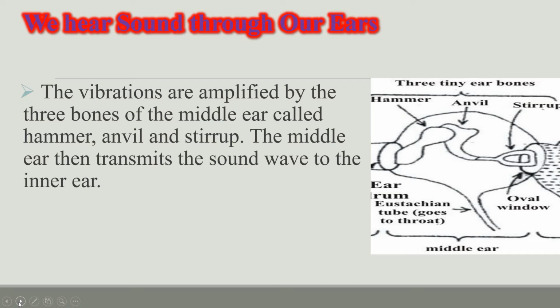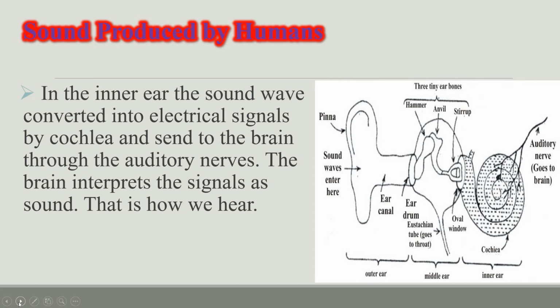The liquid that is present in the cochlea contains nerve cells which are sensitive to sound. In the inner ear, the sound waves are converted into electrical signals by the cochlea and sent to the brain through the auditory nerve, and the brain interprets the signal as sound.